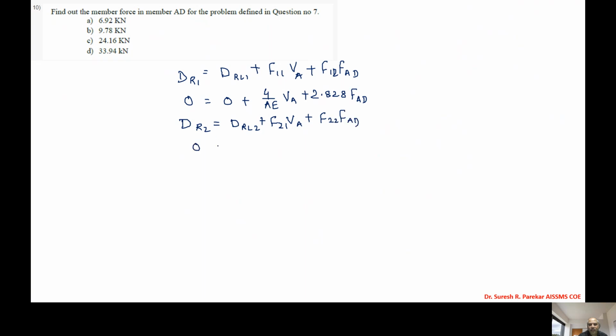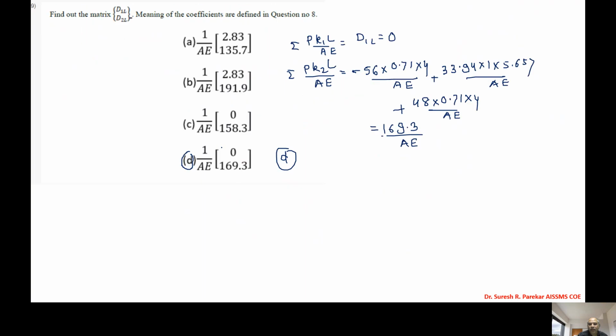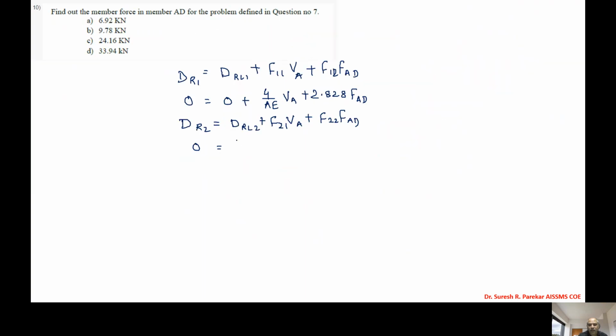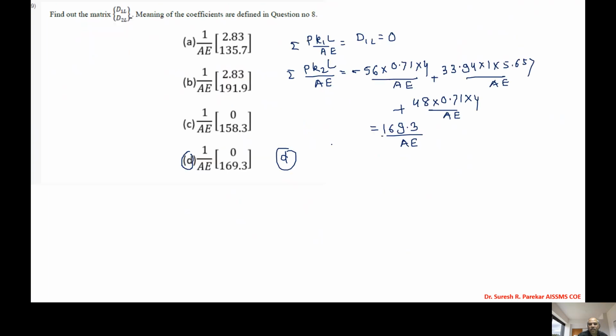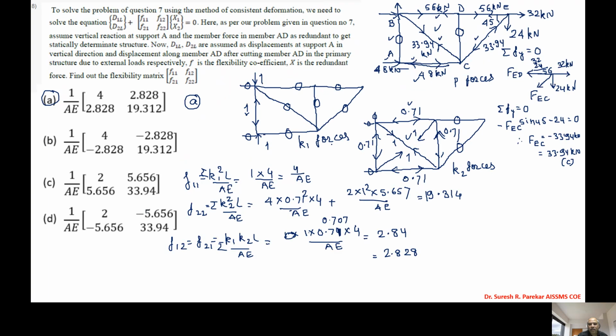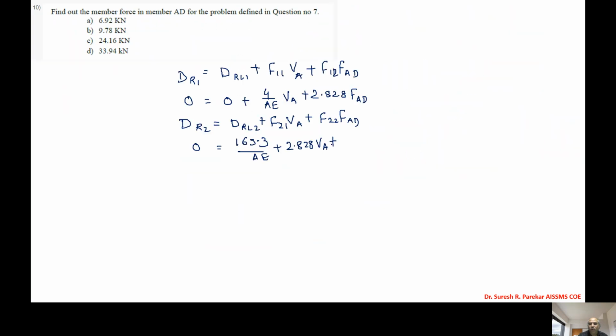DR2 again 0, DRL2 we have calculated as 169.3 upon AE, then we have plus 2.828 VA, plus the value we got, that is 19.314, so plus 19.314 into FAD.